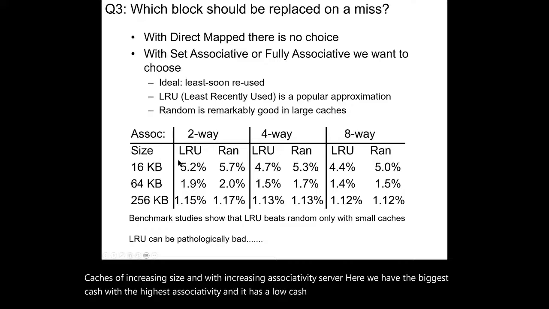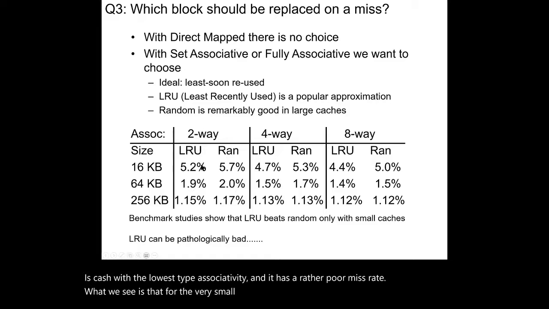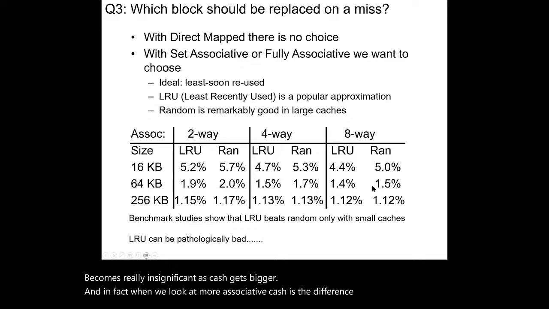And here we have the smallest cache with the lowest associativity, and it has a rather poor miss rate. What we see is that for the very small cache, LRU is a bit better than a random replacement strategy. But that difference becomes really insignificant as the cache gets bigger. And in fact, when we look at more associative caches, the difference really disappears quite quickly.